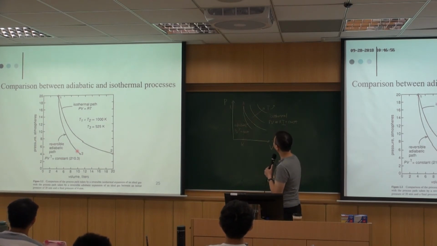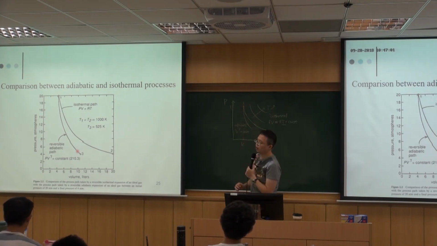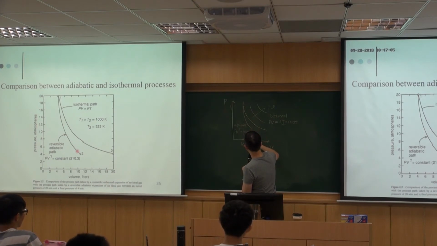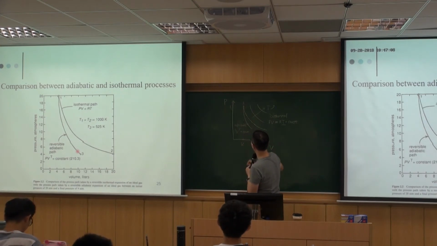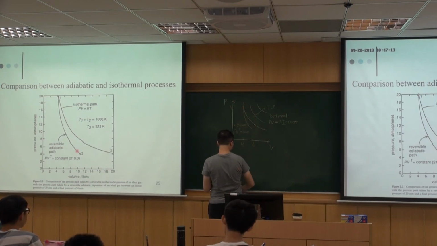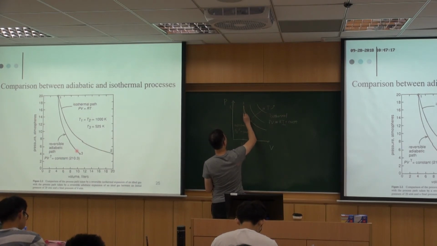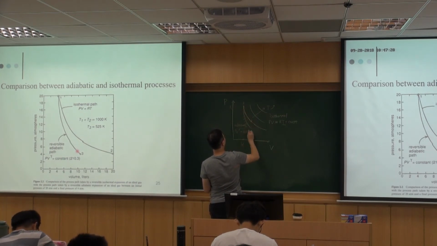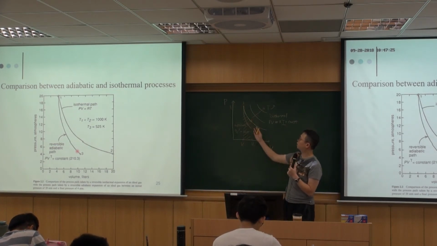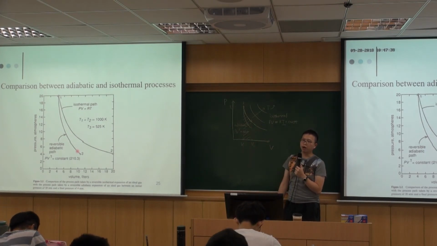And like I mentioned earlier, if you all start from this point and you go down to the same expansion, let's say the final volume is V2, you will see that for the isothermal process, the area underneath the isothermal path is greater than that for the adiabatic path.